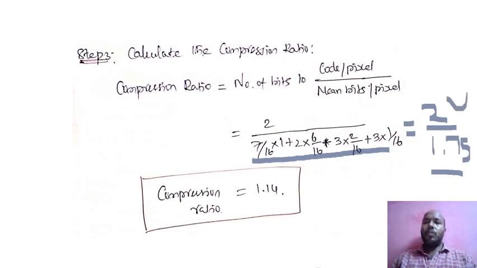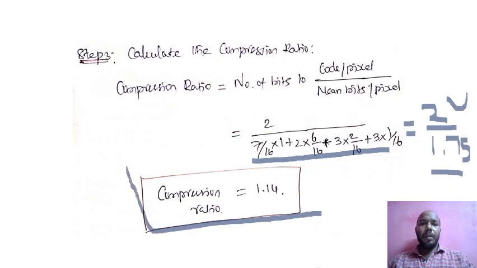See, with fixed code word length it is 2, in Huffman coding it is 1.75. Now, if you take this ratio, how much we compress the image is around 1.14. Okay. So this is the compression we achieved through Huffman coding.